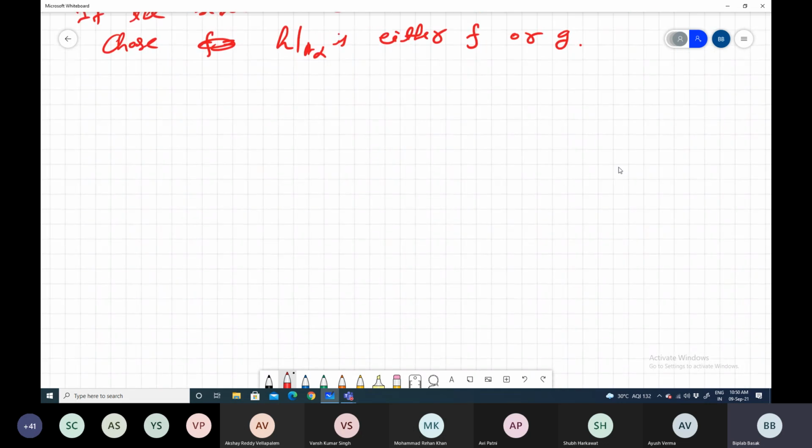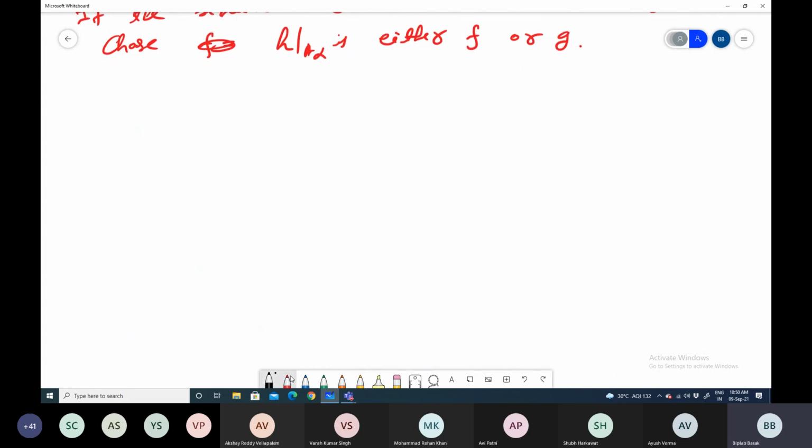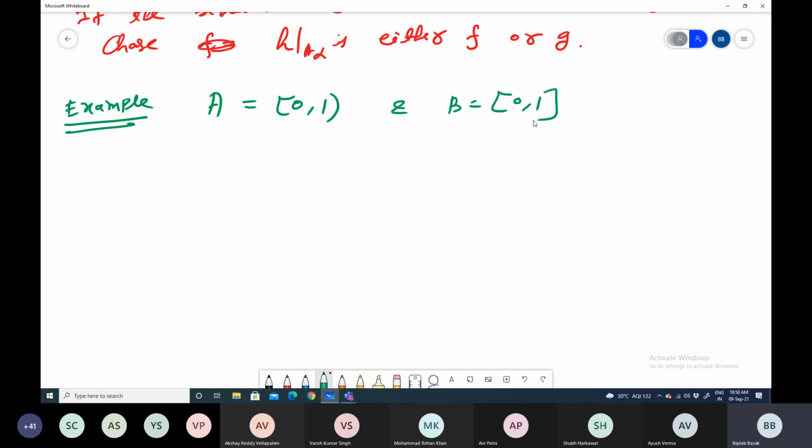Okay, so you can look at one example to make it clear. I can take around 5 minutes for the example. Now say A equal to the interval 0, 1 and B equal to the closed interval 0, 1.